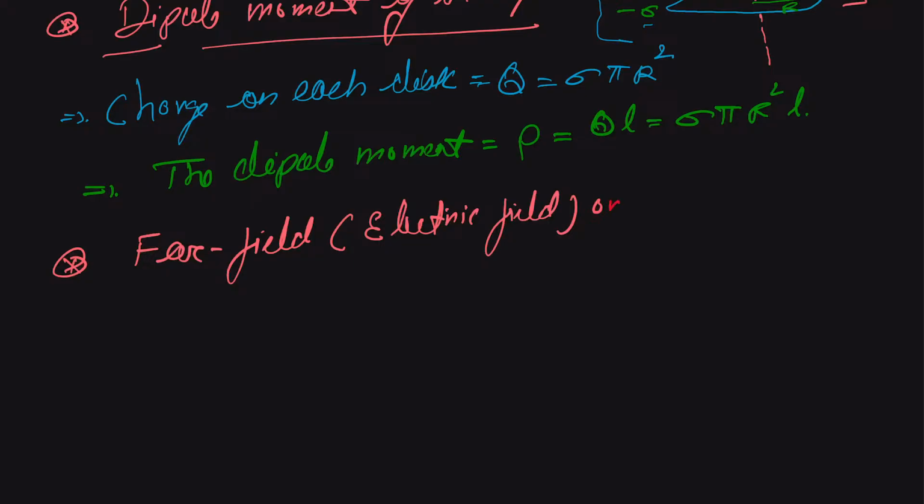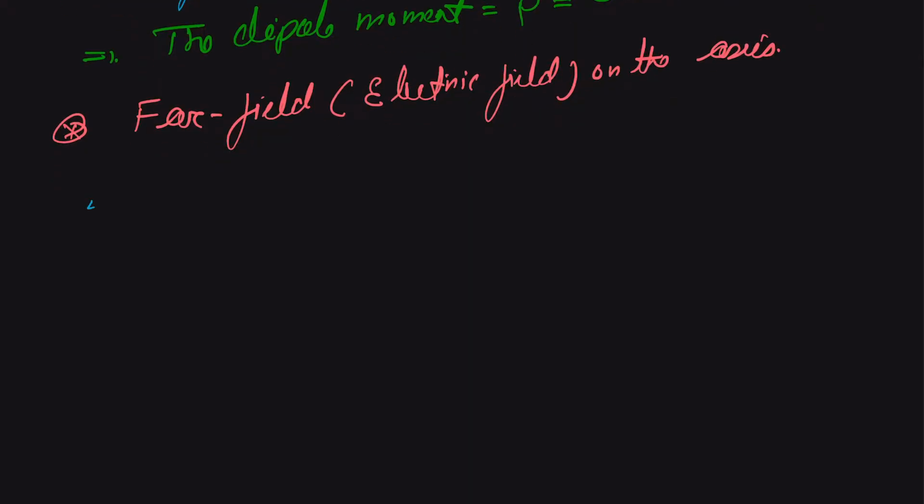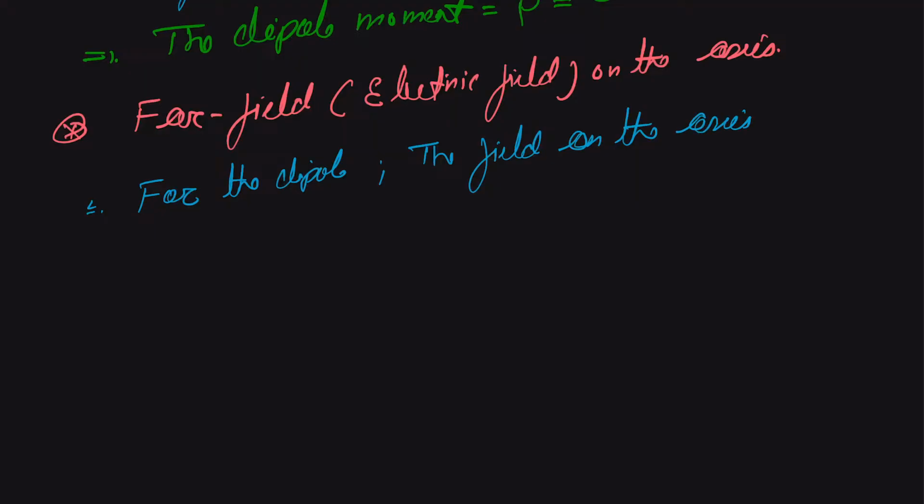And here we are going to write the electric field formula with respect to the dipole. So you can say for the dipole, the electric field, the field on the axis at a large distance r.